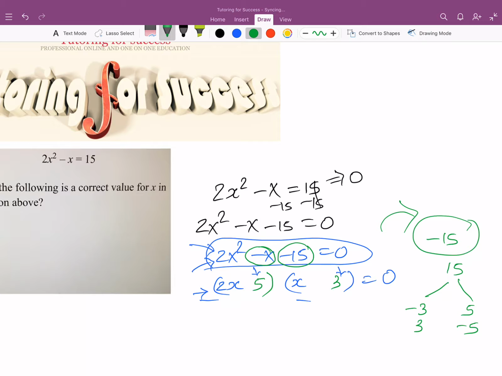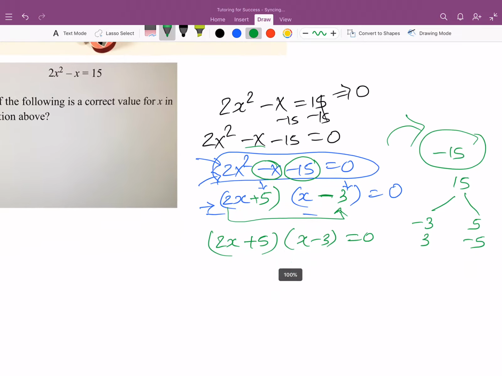So if you quickly FOIL this out, just to check if we are on the right track, 2x times 3 is 6x. If that becomes negative and this becomes positive, then you are going to get negative x, because negative 6x plus 5x will produce negative x. So this is your factorization: 2x plus 5 times x minus 3 is 0.